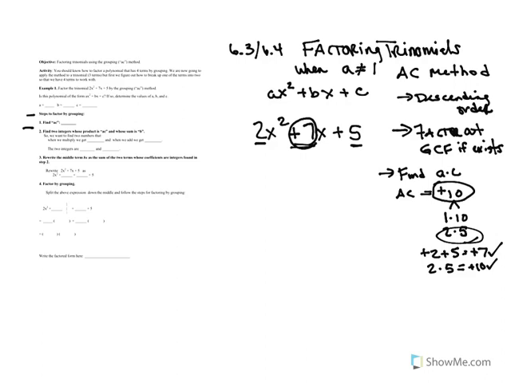Now that I know my numbers are a positive 2 and a positive 5, here is where we have a new setup. Once you find your two values, you are going to create a 4-term polynomial. What does that look like? My 2x squared stays what it is. My plus 5 also stays what it is.